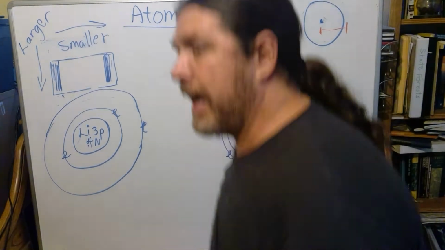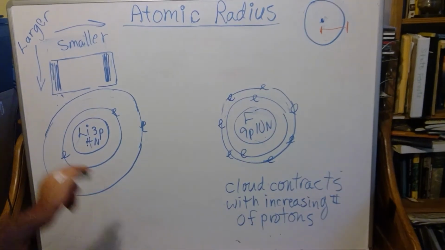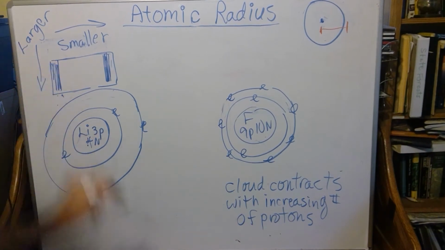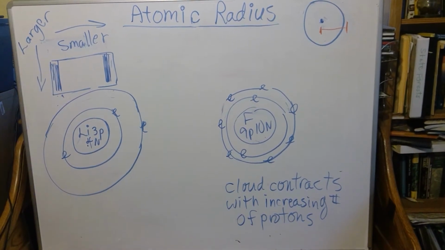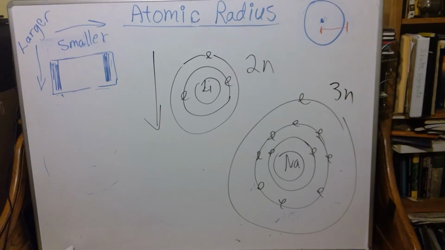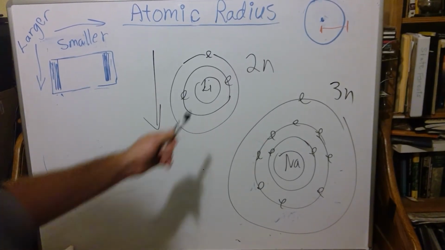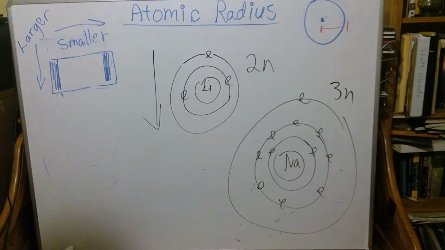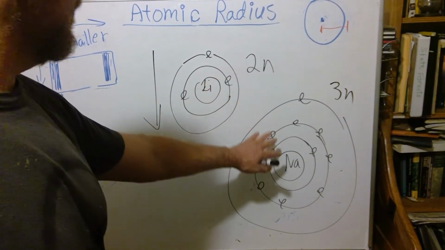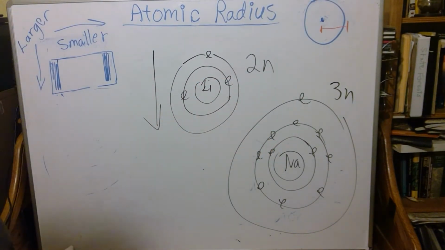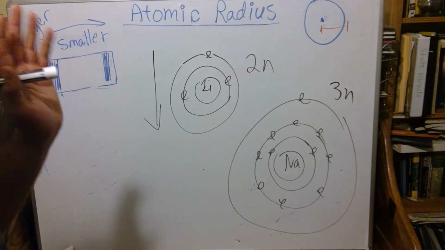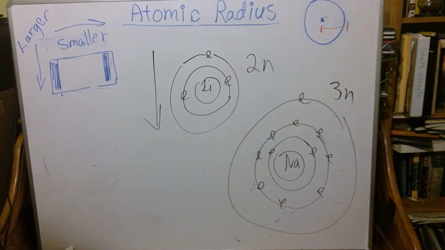Let's take a look at the trend of increasing size as we go down a group. So we look at a comparison of two alkali metals in the first, leftmost column of our periodic table here, lithium and sodium.